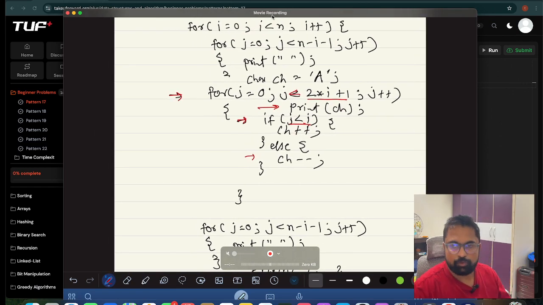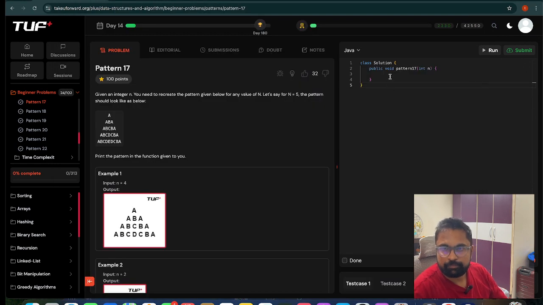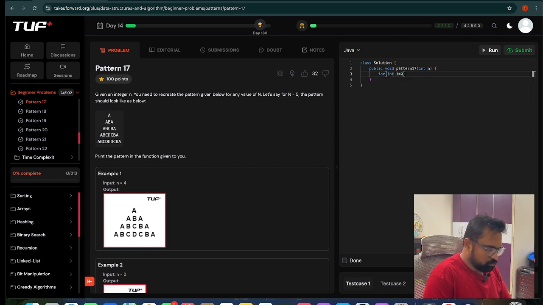So let's try to code it. For int i equal to 0, this is my outer for loop, i is less than n, and i plus plus. Inside this we'll write our first for loop for spaces: j equal to 0, j is less than n minus i minus 1, the formula that we derived, and j plus plus.